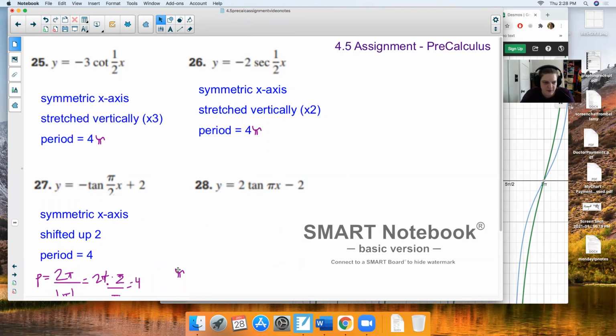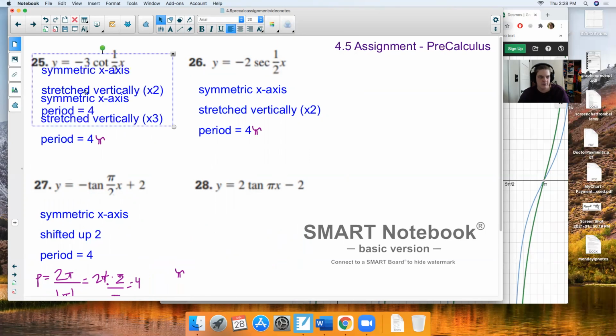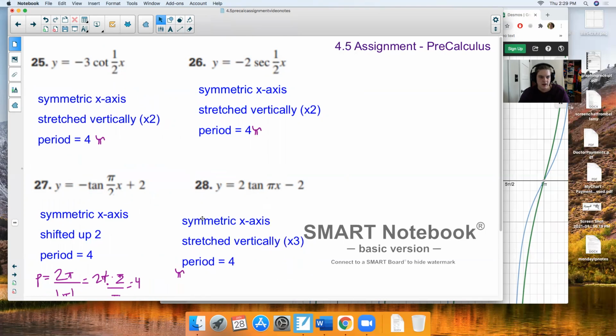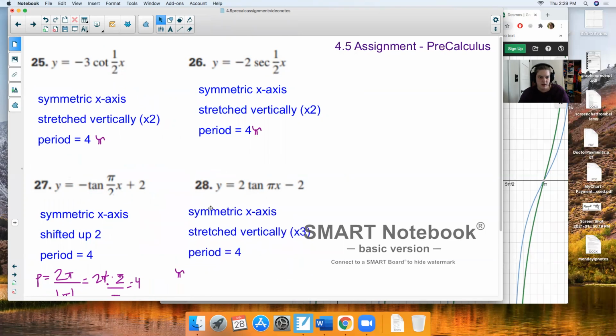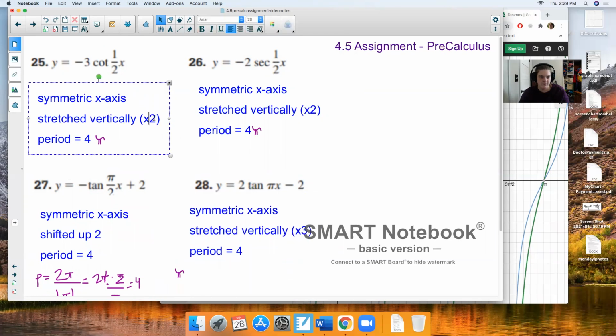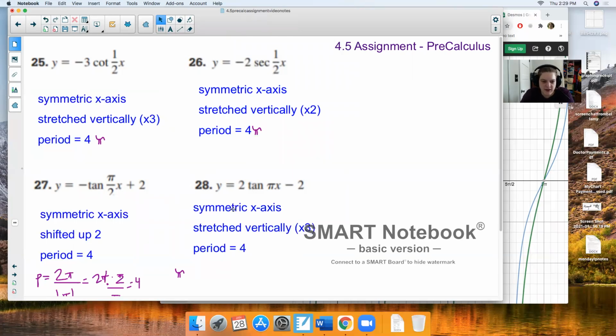And then this last one, wow, that's kind of a lot of things happening. This needs to be a 3. So I've been copying and pasting. Okay.